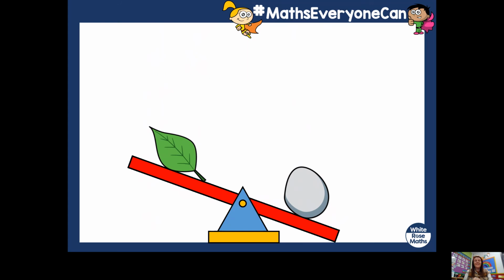The pebble is heavy, so has made the scale tip. So the pebble is heavier than the leaf and has made the scale tip, which means the leaf is lighter than the pebble. Can you explain now to a grown-up maybe in your house what's happened to the weighing scales and to the leaf and to the pebble?